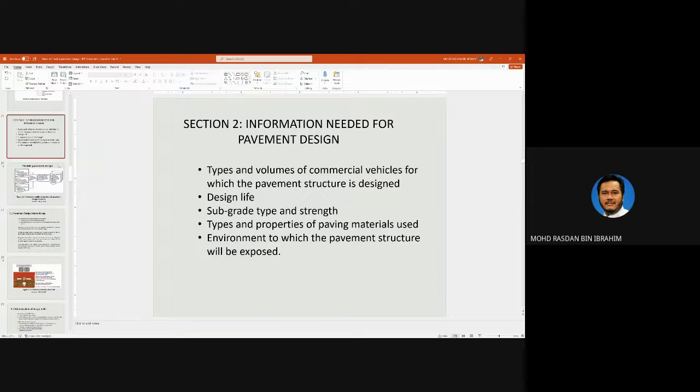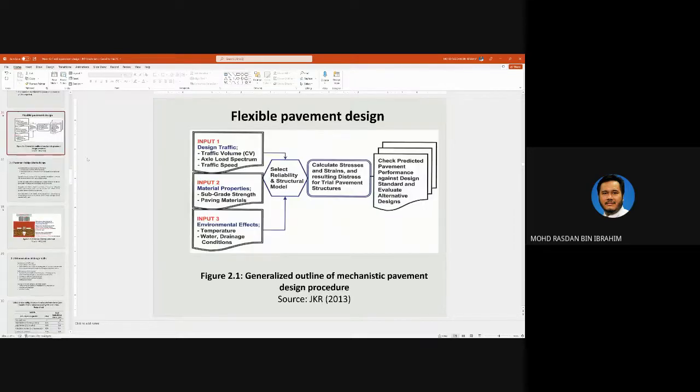All right, so this is the generalized design procedure. So you need the design input: traffic volume, axle loading, traffic speed. As I mentioned last week, faster vehicles will induce lower stress to the pavement.